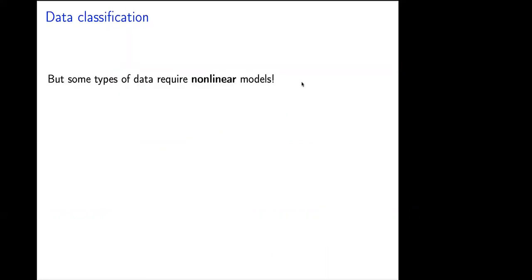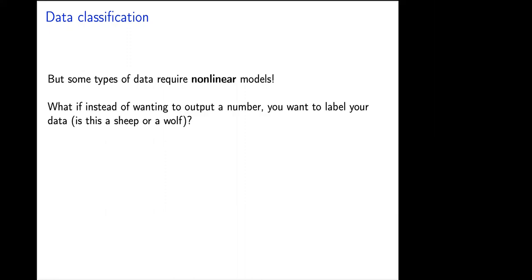So if you go outside of this area, you might actually need to model things in a nonlinear way, right? One example of where you would probably want that is if you wanted to output a particular label instead of just a number that goes along the line. You want to say, is this a sheep or a wolf that I'm looking at?